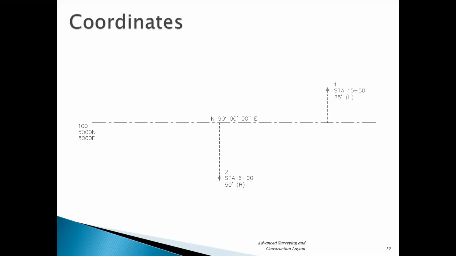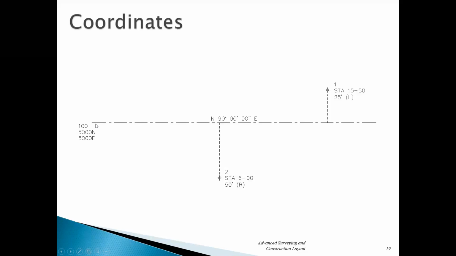And then what about the easting? Since it's due east, you would just add the station to the 5,000 point, assuming that is station 0+00. We don't know that by this picture, do we? If you didn't know that, you could be wrong, because actually 0+00 could be to the left of that.